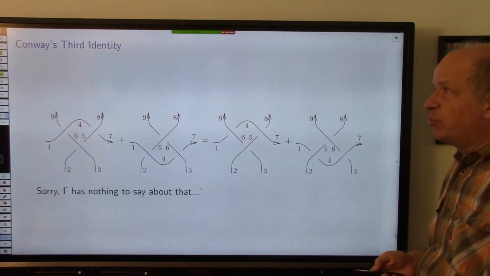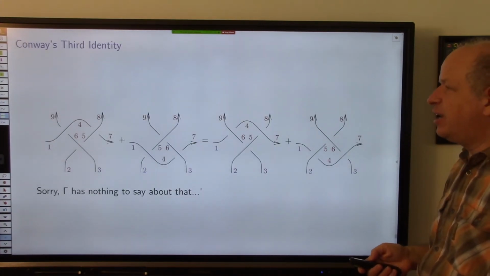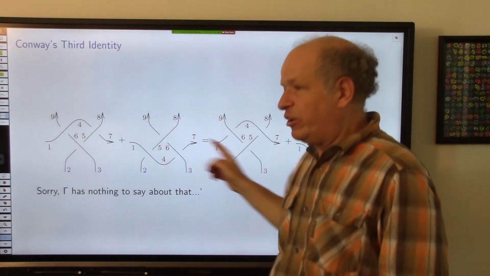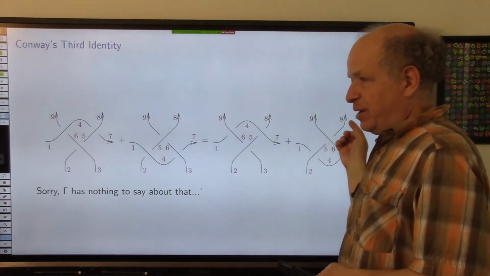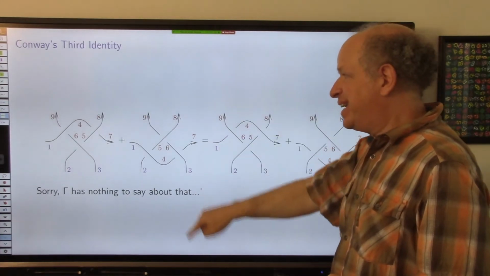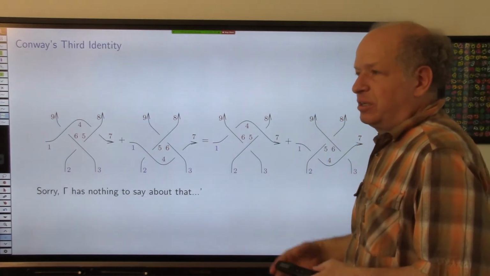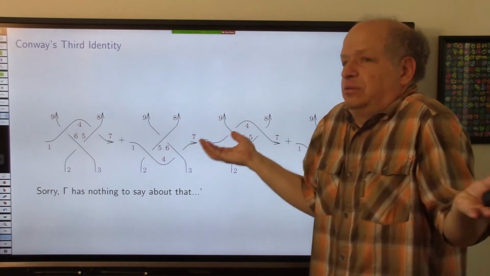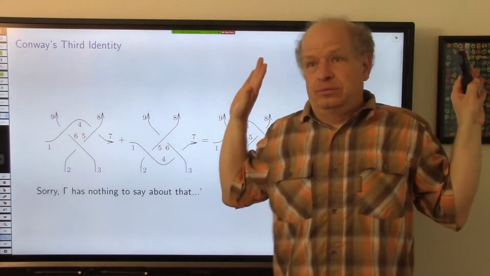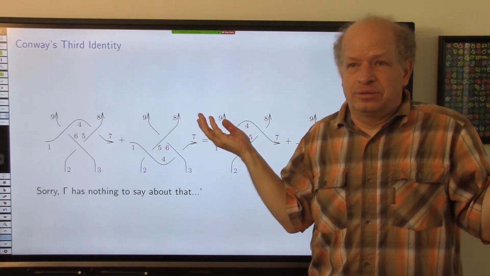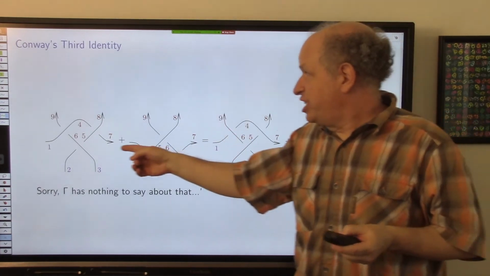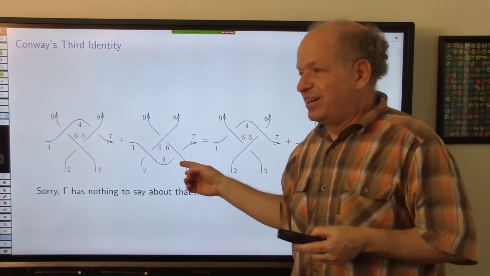However, suppose I wanted to prove Conway's third identity. I've already proven it using this A calculus. But if I wanted to prove it using gamma calculus, I have no clue. Gamma calculus is not linear.